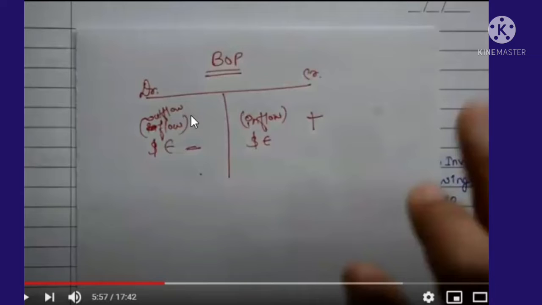So that's known as a debit side. And credit side means inflow of their goods, and also it may be their services, and all may be said as this credit side.